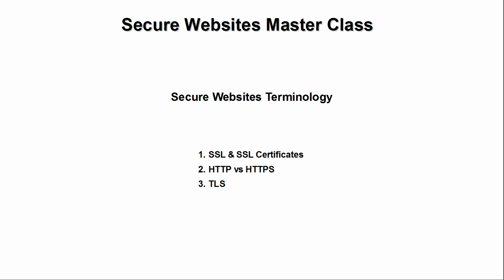They are working on version 1.3 right now as of July 2017. But this is not actually in use on websites yet. It's not being supported by web browsers yet. So TLS version 1.2 is really the most modern version of this security that you can be utilizing for the time being.